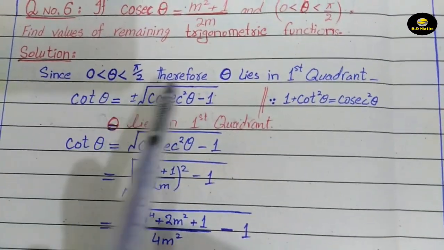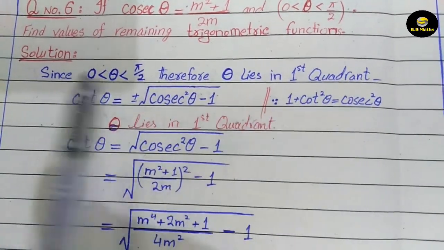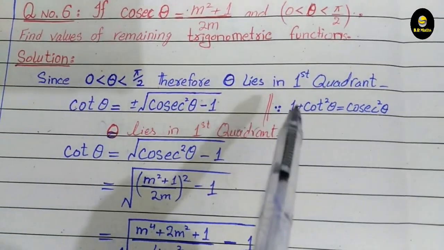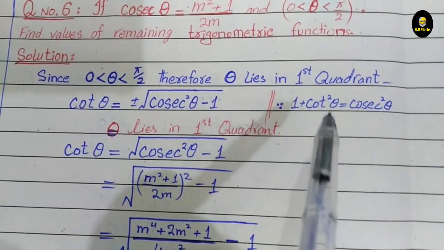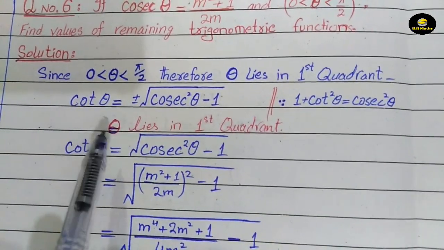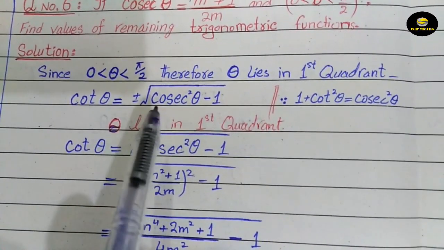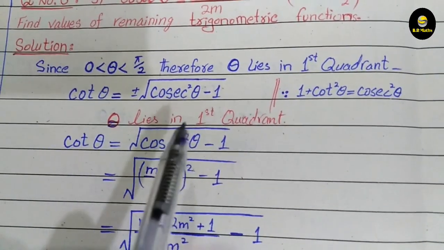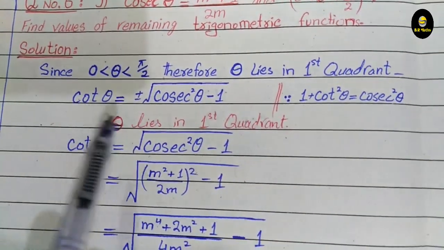See, theta lies in the first quadrant. Cosecant is given. So first, according to the relation, 1 plus cot square is equal to cosecant square. By using this identity, cot is equal to plus minus square root of cosecant square minus 1. And theta is in the first quadrant, so ignore the negative sign.